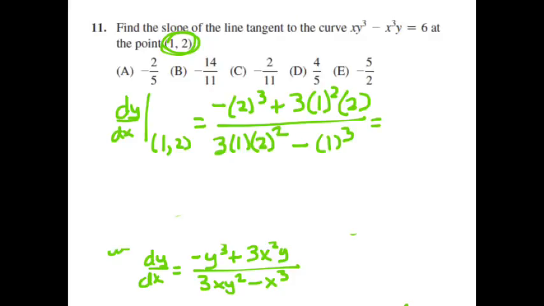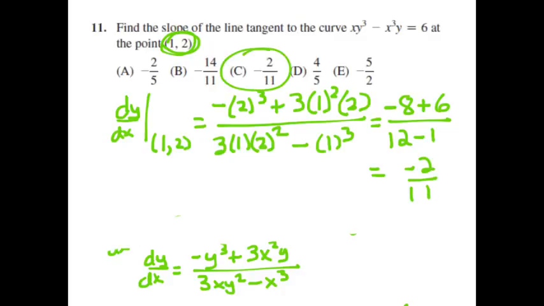And so that equals, on the top, it looks like I get negative 8 plus 6 over 2 squared is 4 times 3 is 12 minus 1. So that equals negative 2 over 11, which is answer C.